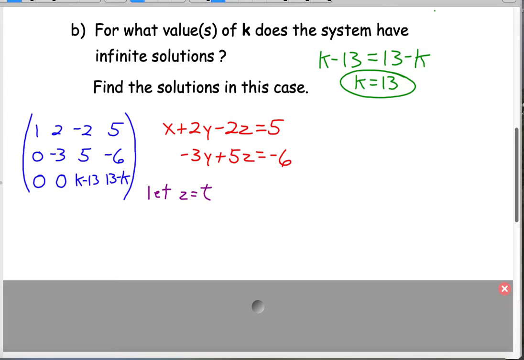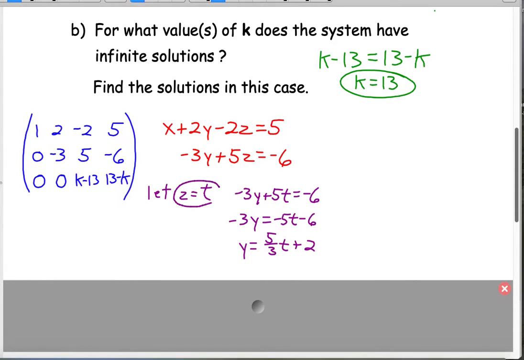And so now my second equation becomes negative 3y plus 5t equals negative 6. So negative 3y is equal to negative 5t minus 6. And therefore y is equal to 5/3 t plus 2.